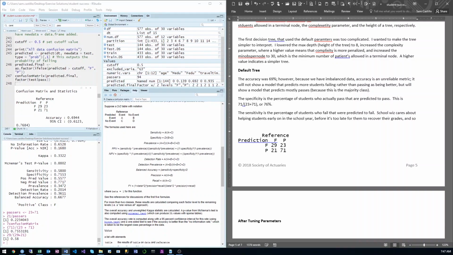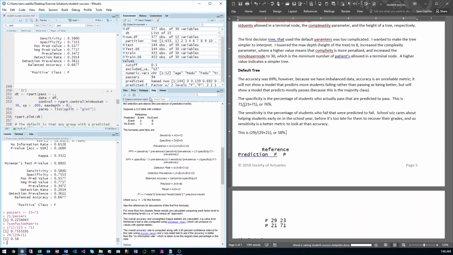And so sensitivity is a better metric to look at than accuracy. This is 29 over 29 plus 21, or 58%.